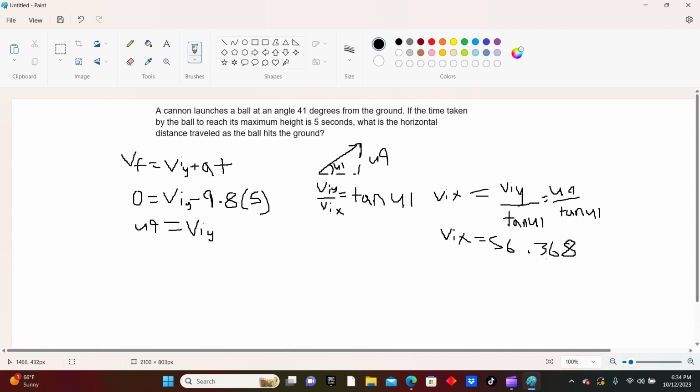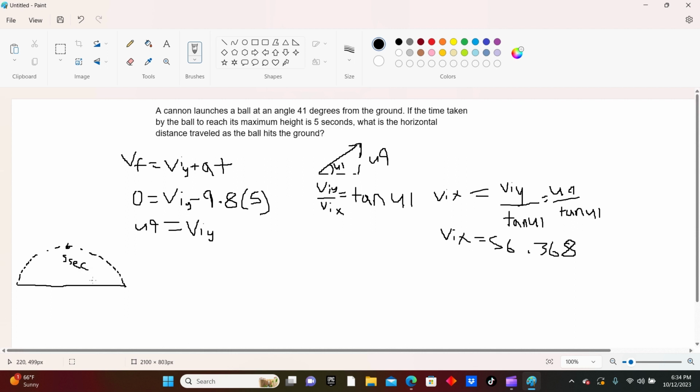So now how do we go from here? If I draw out the picture, we launch it and it reaches the ground level, and we know here at 5 seconds it's at max height.